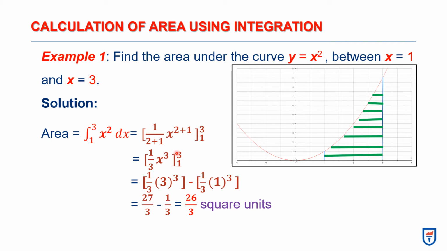Now substitute the upper limit, which is 3: 1/3 x cubed, minus the substitution of the lower limit in the same result, which is 1/3 times 1 to the power 3. When we solve, we get 27 over 3 minus 1/3, which gives our final result of 26 over 3 square units, the area covered between the graph of y equals x squared and x equals 1 and x equals 3.